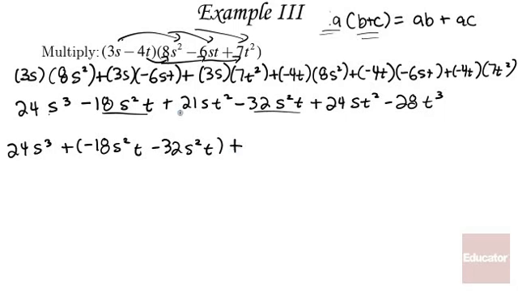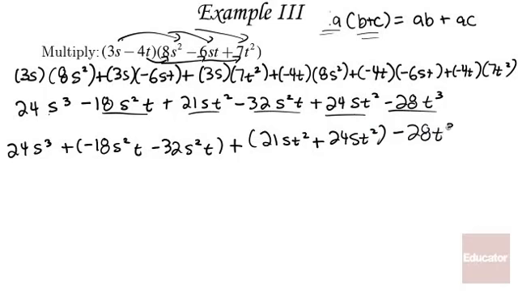Next, I have a term that has as its base st squared. And I have another like term, 24st squared. Finally, I have negative 28t cubed. And you can double check by saying I have 1, 2, 3, 4, 5, 6 terms here, 1, 2, 3, 4, 5, 6 terms here, so everything's accounted for.